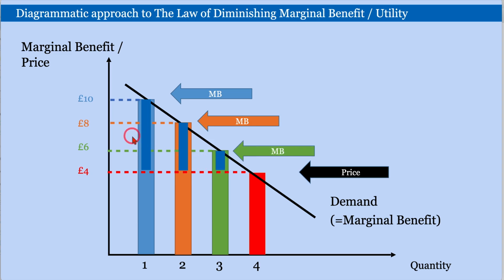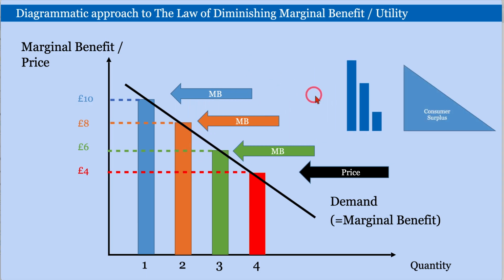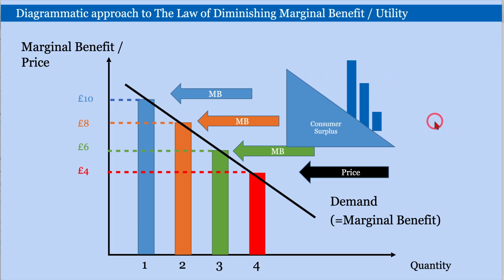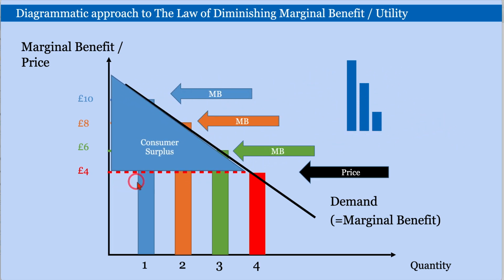Now, what do we call those differences there? It's the difference between the marginal benefit for each good and the price we have to pay for those goods in the market. And what we do is we take those across and we call them a consumer surplus, okay? And that consumer surplus, if you imagine I've done this very lumpy, one good, two goods.